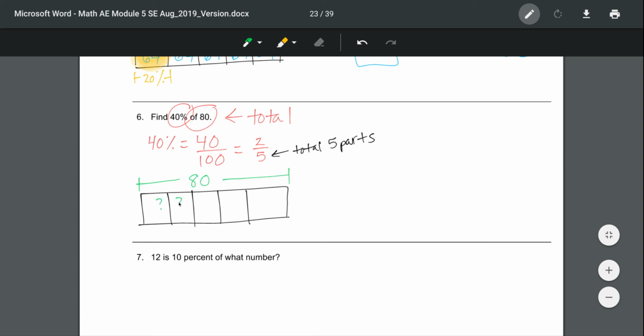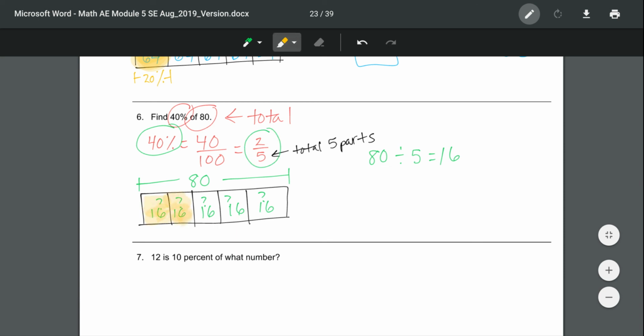So we can figure out the value of each part by dividing 80 by 5. And that would give us 16. So the value of each part is 16. So we label each part with 16. And we're looking for 40%. So 40% would be 2 of these parts, 2 out of the 5 parts.